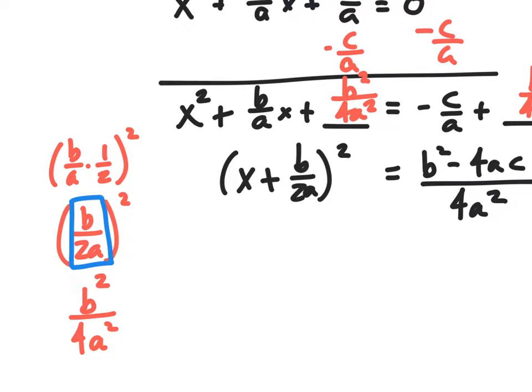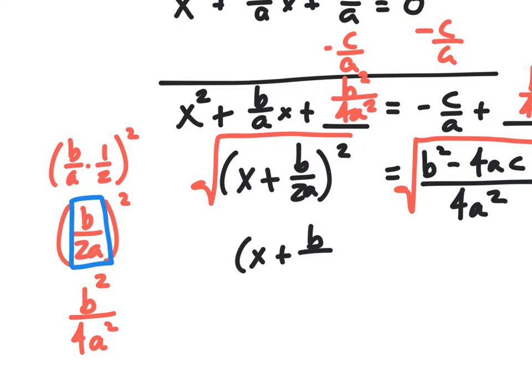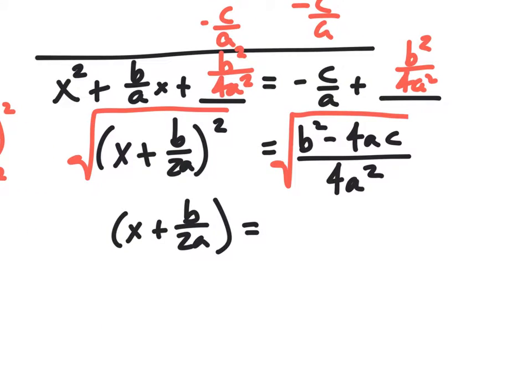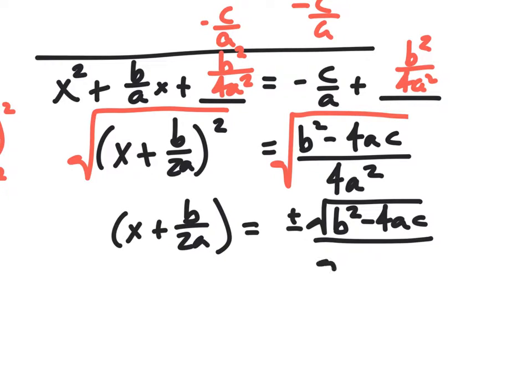Now I take the square root of both sides, and I get x plus b over 2a equals plus or minus the square root of b squared minus 4ac over the square root of 4a squared.